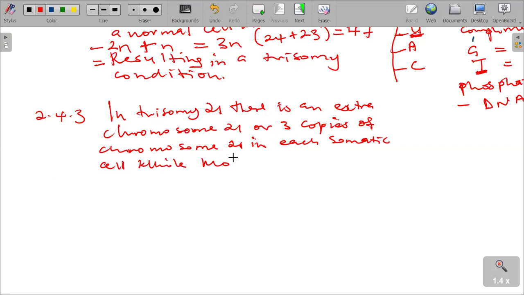in terms of this, what is Mosaic syndrome? In Mosaic syndrome, there is an extra chromosome on some of the cells.